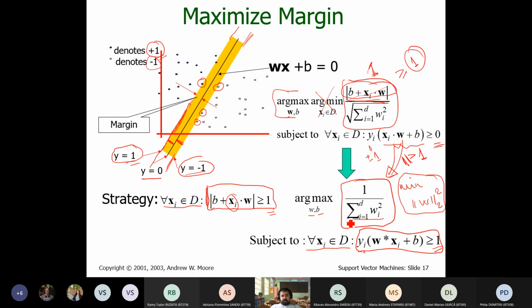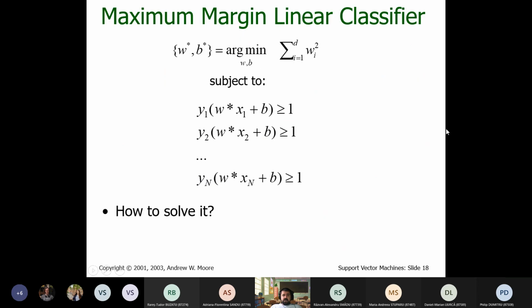It means that the product of y multiplied by this distance, (wx plus b), should be greater or equal to 1. It will be equal only for the support vectors. So the SVM problem is now reduced to finding w star and b star that will minimize this summation.